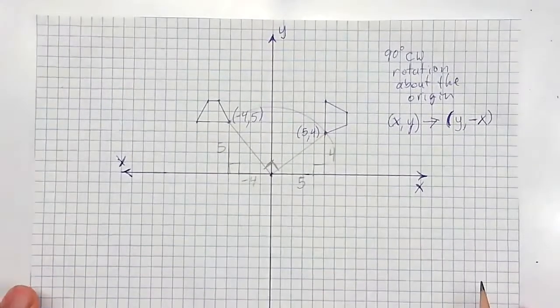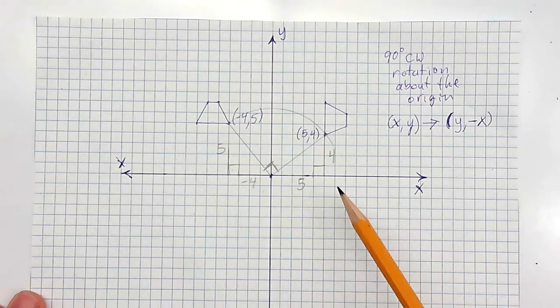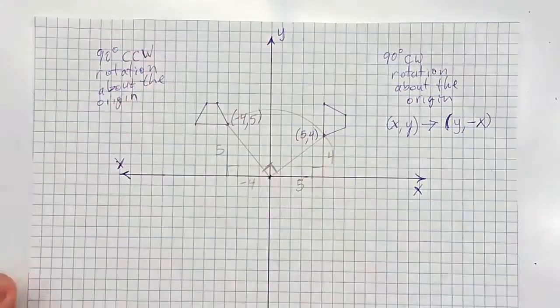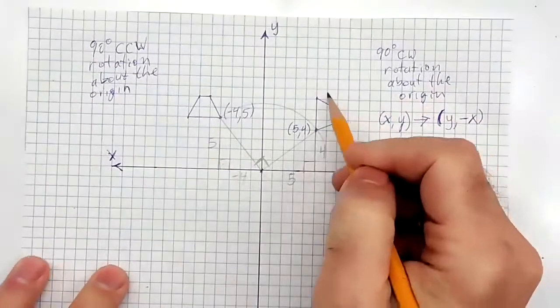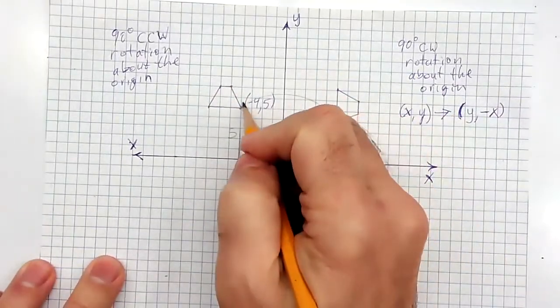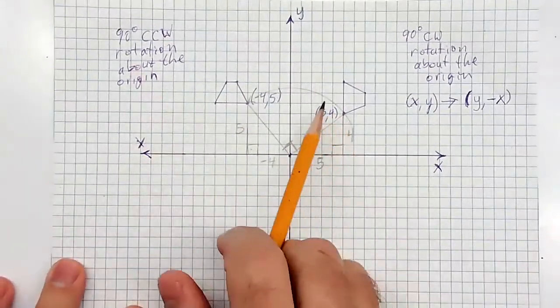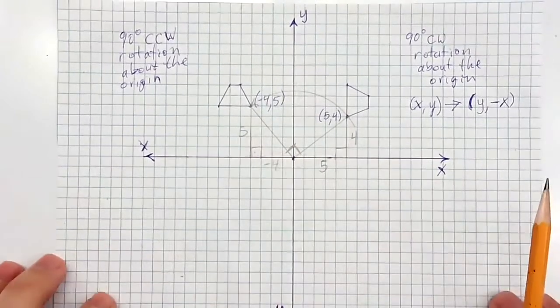So we could also take the same diagram and we could write a rule for a 90-degree counterclockwise rotation about the origin, right? Okay, so if we were going to do a counterclockwise rotation, we could have this figure be our pre-image and this figure be our image, and we just change the direction of rotation, right? In other words, a counterclockwise rotation of 90 degrees is just simply the inverse of a 90-degree clockwise rotation, right?